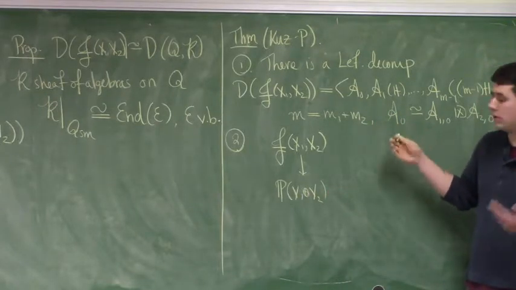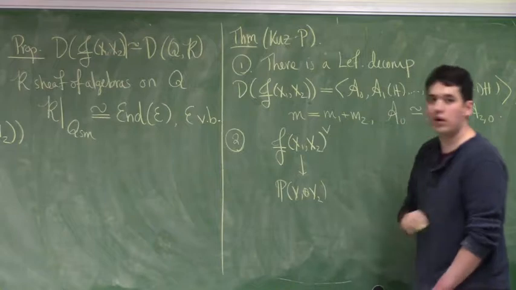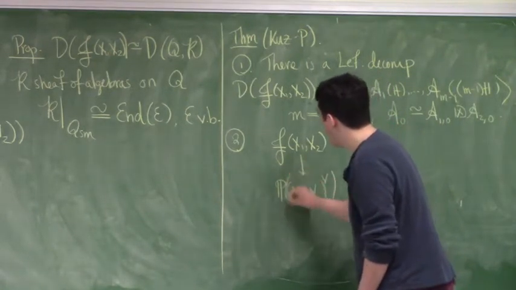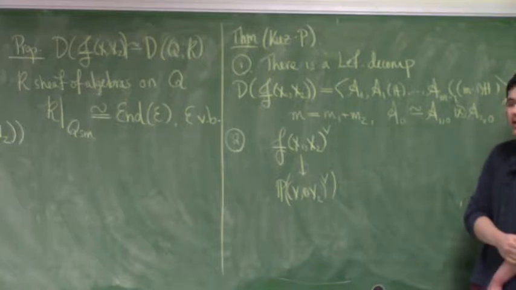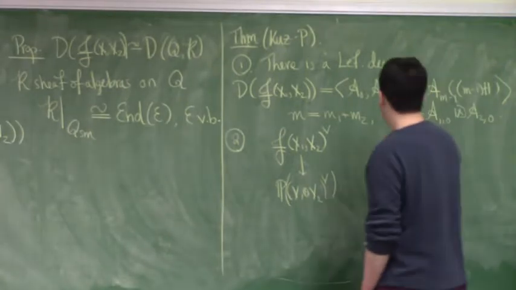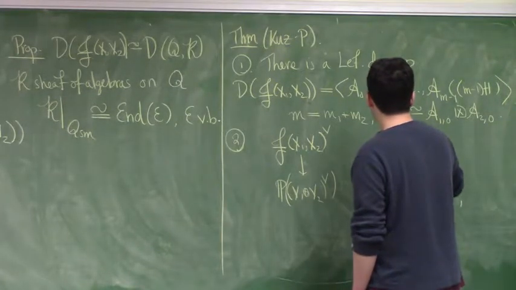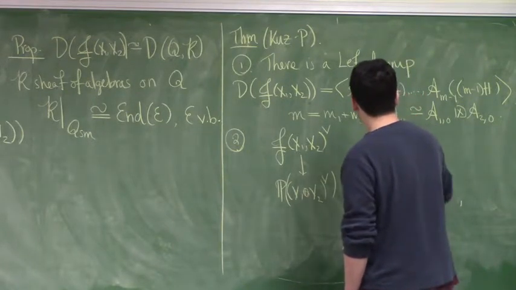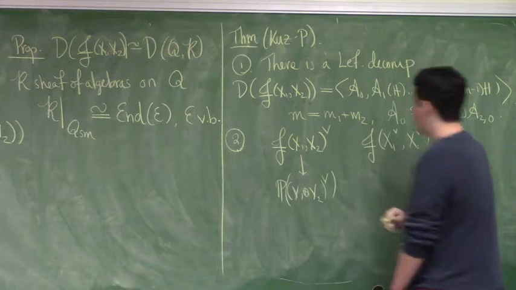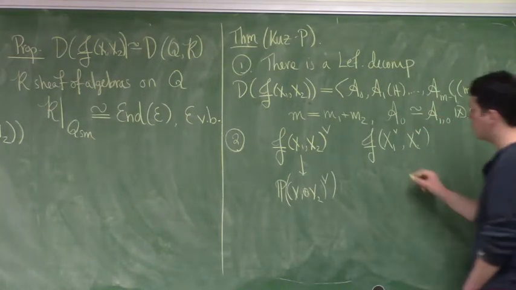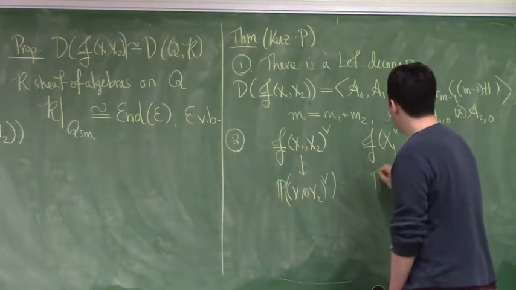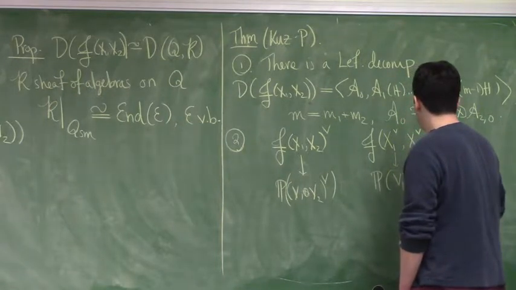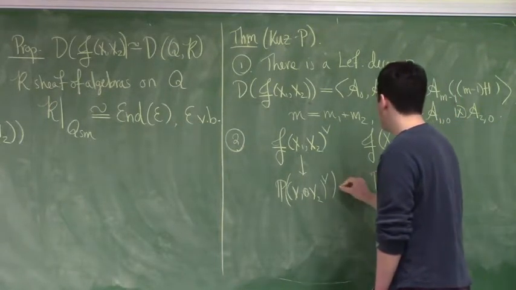So in particular, you can consider the HPD of this thing, and that will have a map to this dual projective space. There's a second thing which you could do. You could first take the HPD of x1 and the HPD of x2, and then take their join. Then you would have a map to P of V1 dual plus V2 dual. And of course, these two are equal.